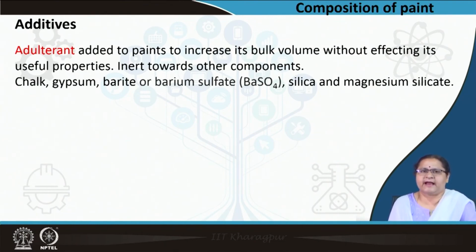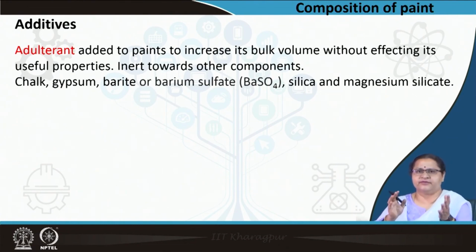Here also you add additives to get different properties, of which one is reducing the cost without affecting the other properties. So, these are added to paints to increase the bulk, that is increase the base, without affecting the useful properties of the paint.